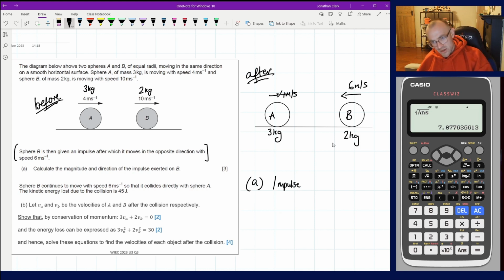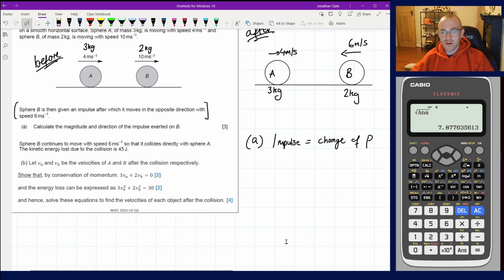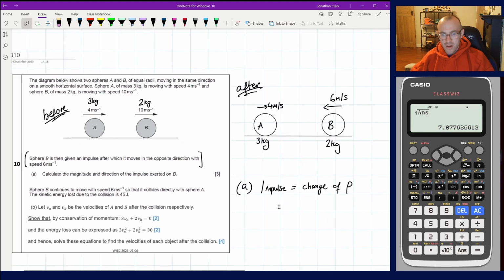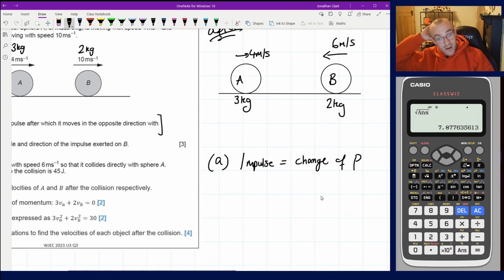So the impulse is the change of momentum. So this is what I'm thinking. It's the momentum after, take away the momentum before, or the other way around.